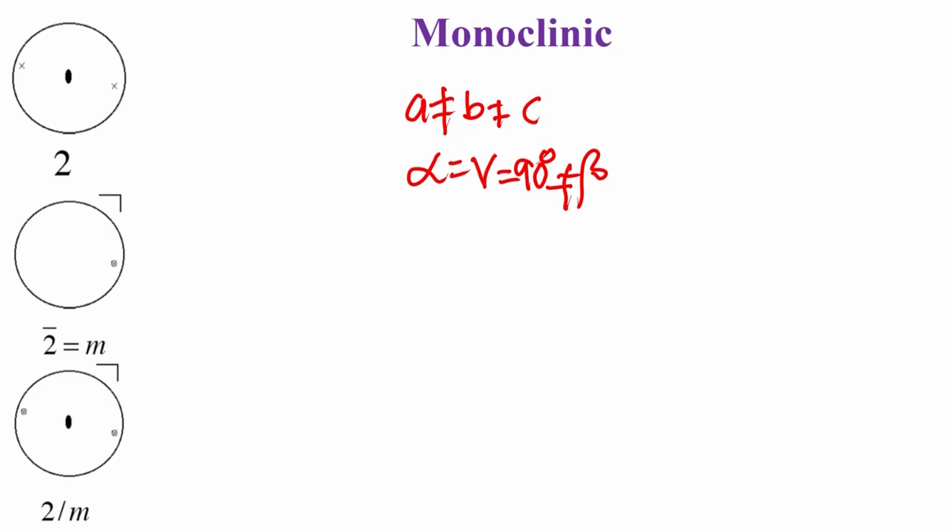That means the two-fold axis which is shown up here is now along the B direction, and this is known as the unique axis in a monoclinic system. So, this is referred to as the unique axis.